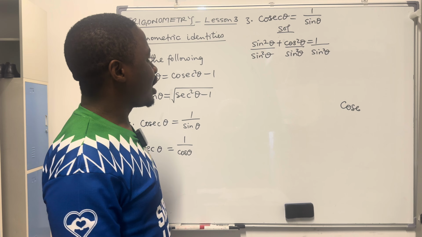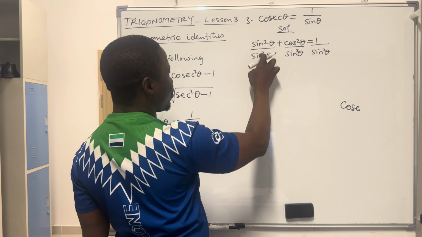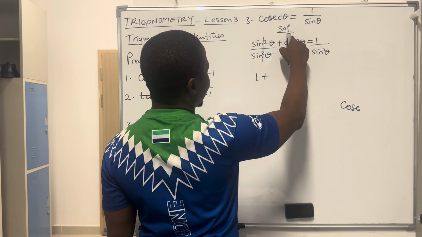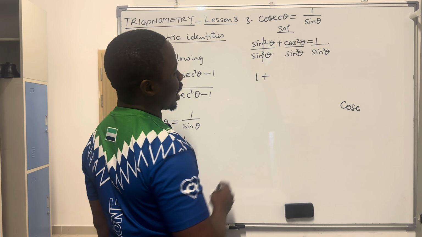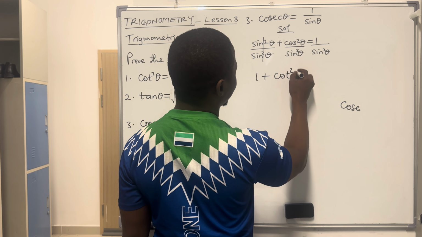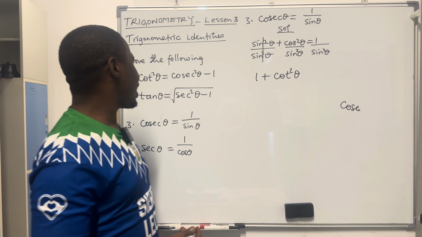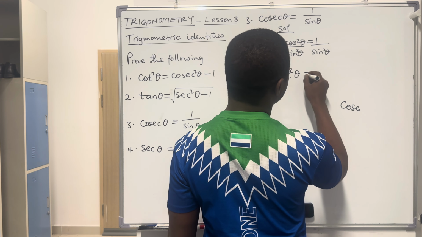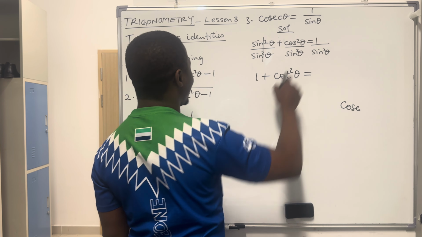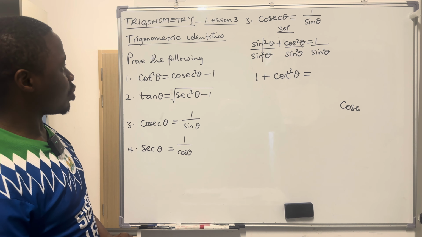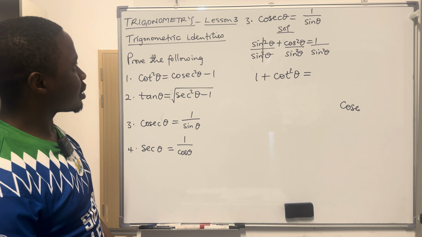Very, very easy. So when we divide a value by the same, we always get 1. Cosec square over sine square, what do we get? We have cot square theta. There is already a relation. We did that one, which is equal to 1 over sine. We want to prove this one to be 1 over sine.